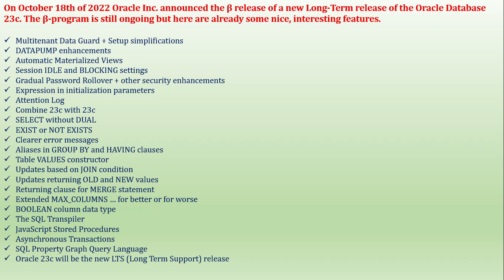The beta program is still ongoing, but here are already some nice interesting features I have listed out in this slide. So it's all about 23C new features and enhancements.